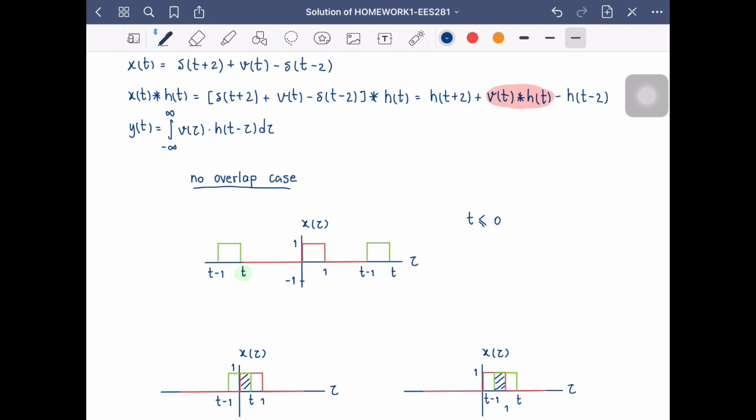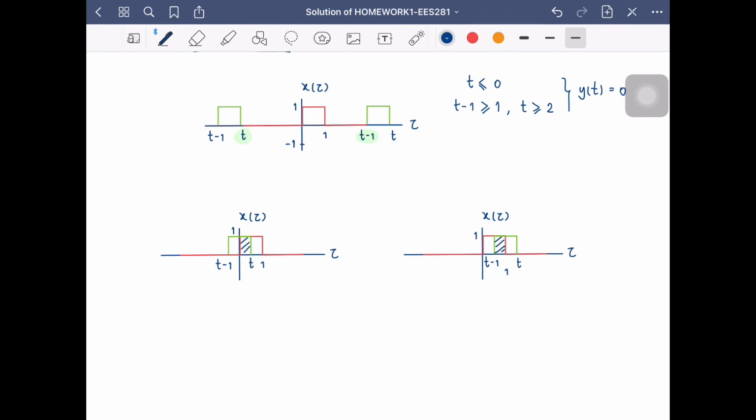The next one, we need t minus 1 to be greater than or equal to 1 to get no overlap. This means t greater than or equal to 2, and these two cases lead to y(t) equal to 0.